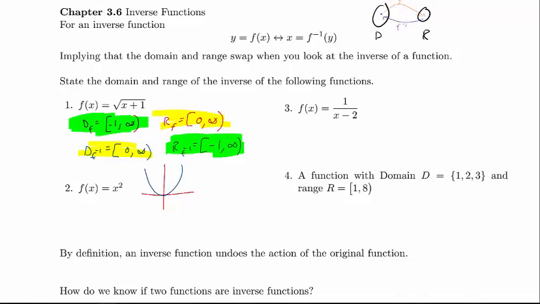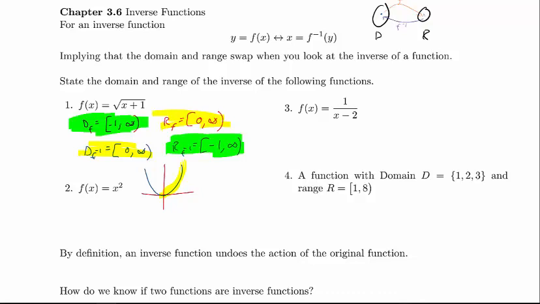So note, 1 to 1 means it has to pass the horizontal line test. This one fails. So what we're going to do is just take the right portion of the domain. We're only going to take that one. We're going to ignore everything else.